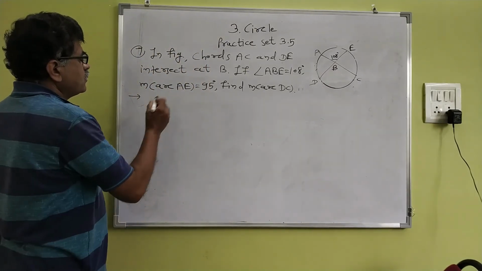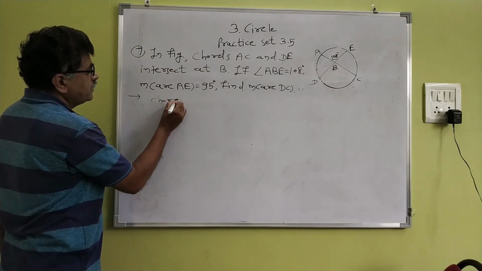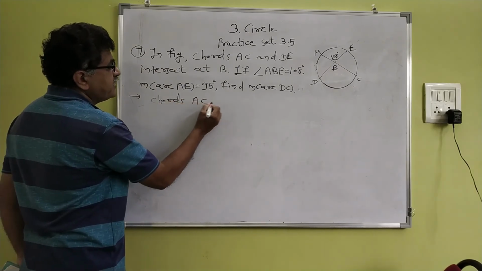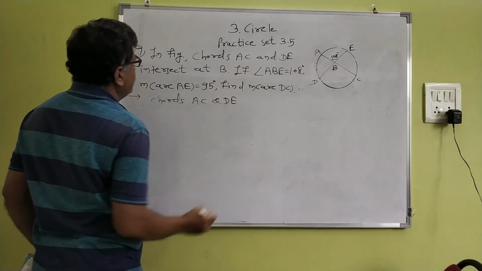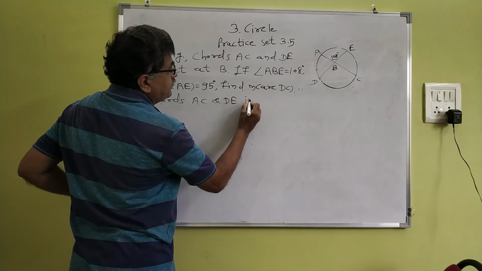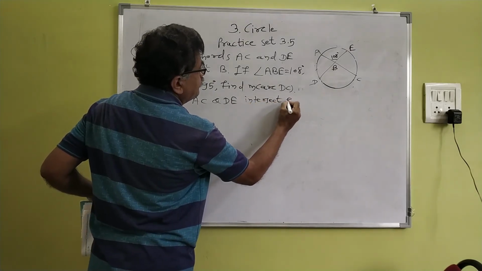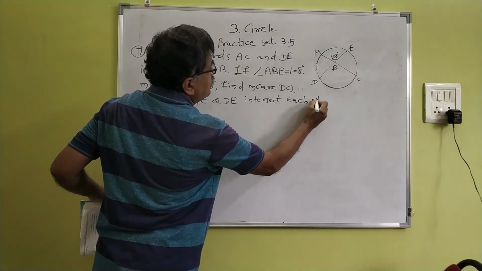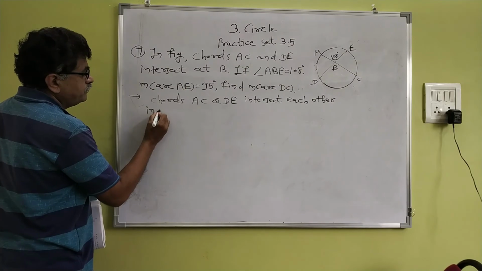Now write down the given: chords AC and DE intersect each other inside the circle.